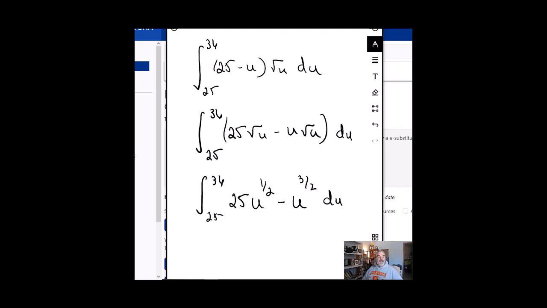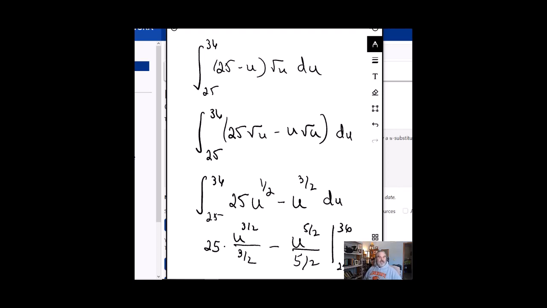Okay, and the antiderivative of these things, 25, remember power rule, add 1 back to the exponent, divide by that new exponent, and u to the 5/2 divided by 5/2, and we're going to evaluate that from 25 to 36.